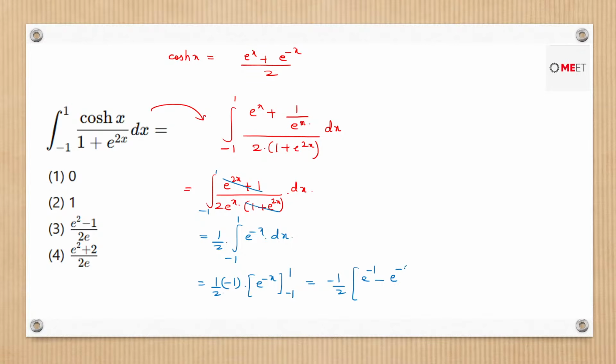As we multiply the negative sign, this becomes 1 by 2 times of e minus 1 by e, which is nothing but e square minus 1 divided by 2 times e. That is option 3 is the answer.